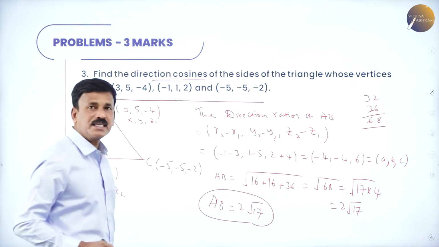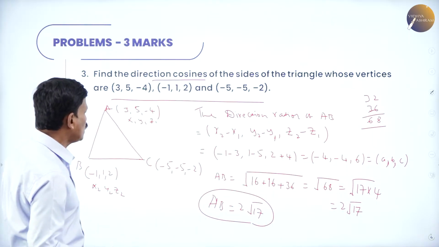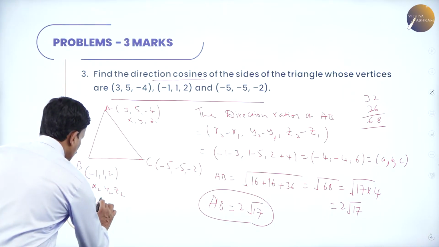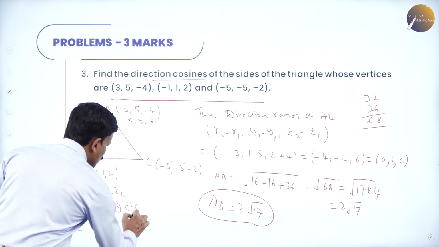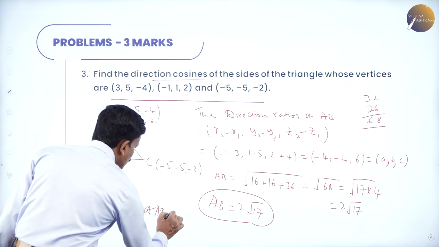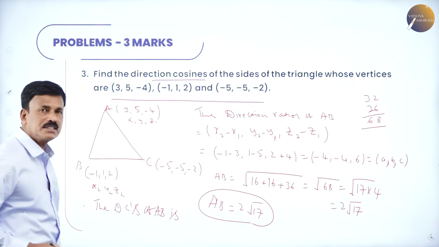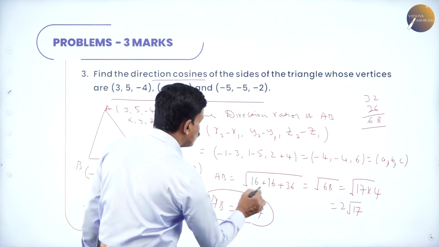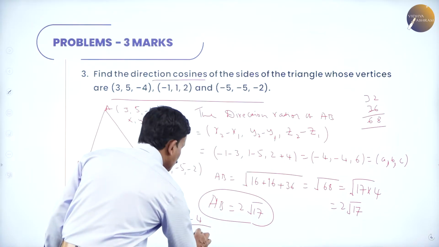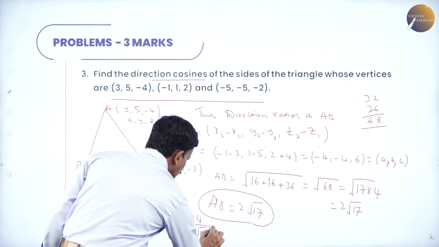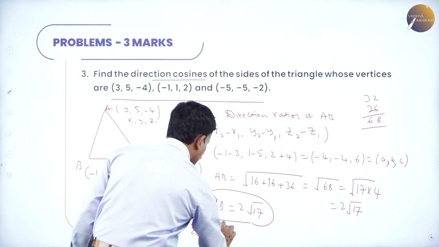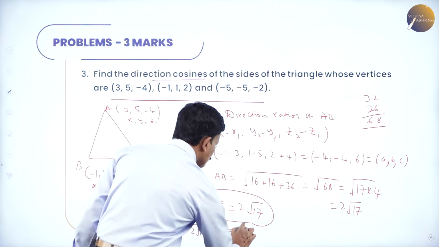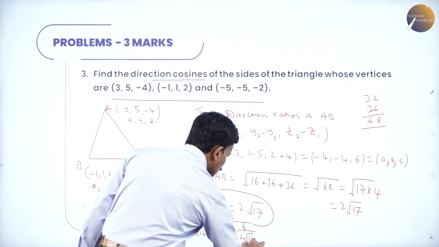Therefore the direction cosines of the line AB are minus 4 divided by 2 root 17, minus 4 divided by 2 root 17, 6 divided by 2 root 17.